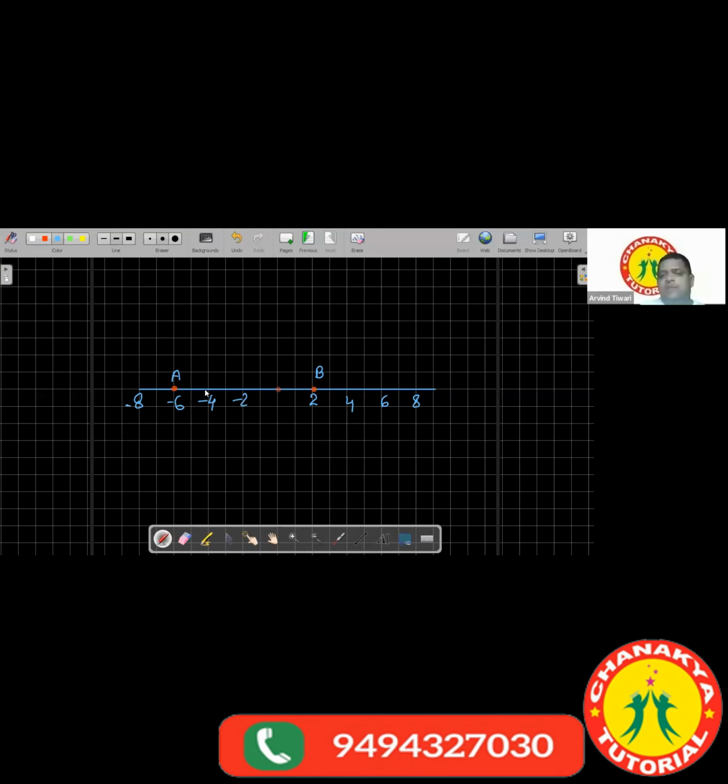So what is the distance traveled? 8 centimeters. So this is the actual length of path traveled.